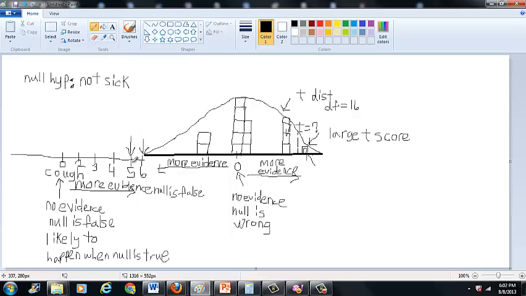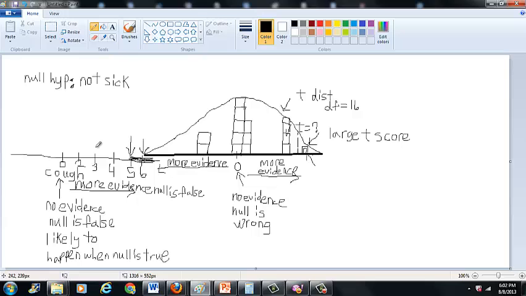If you set your critical value at 5, then this whole area of the number line at 5 or higher is your rejection region. Meaning if you have an outcome that's 5 or higher, you will reject the null hypothesis.